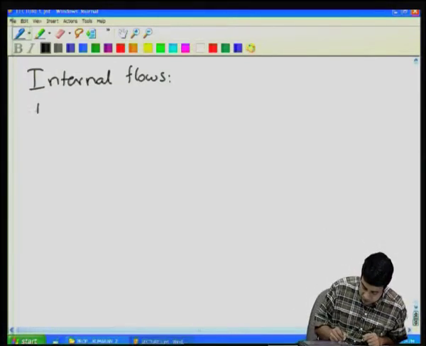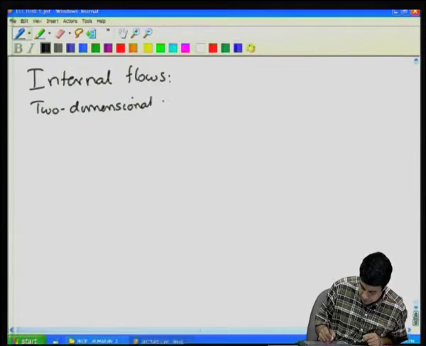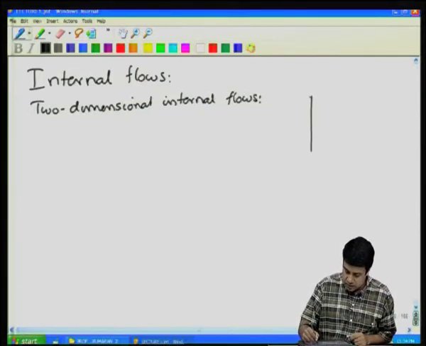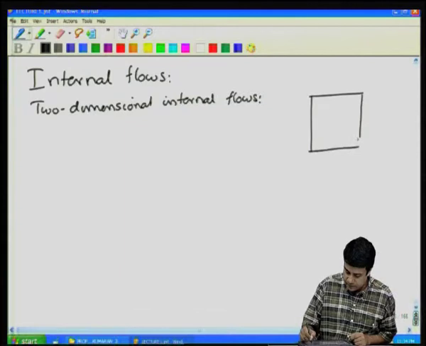So, let us look at two-dimensional flows. The simplest case one can consider is Cartesian coordinates.